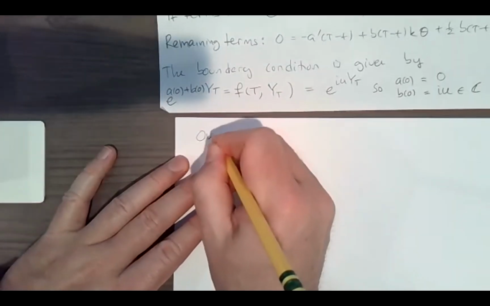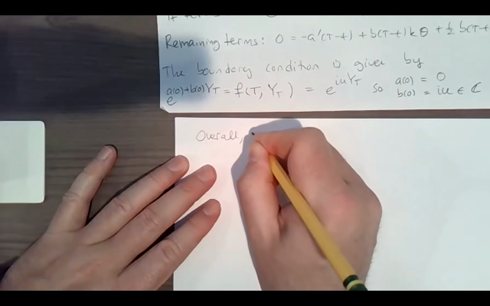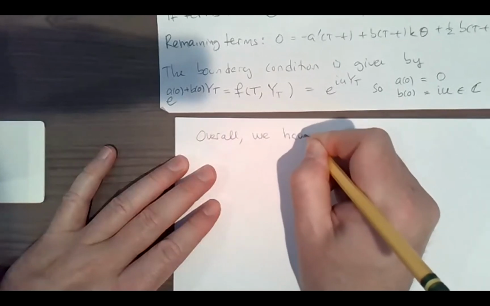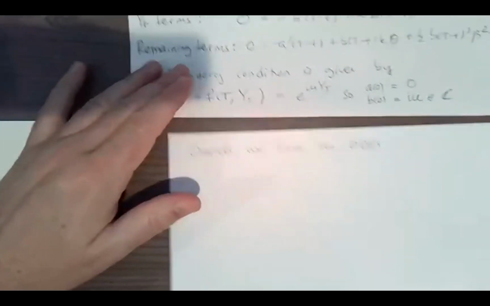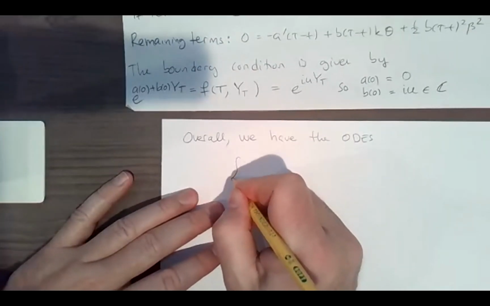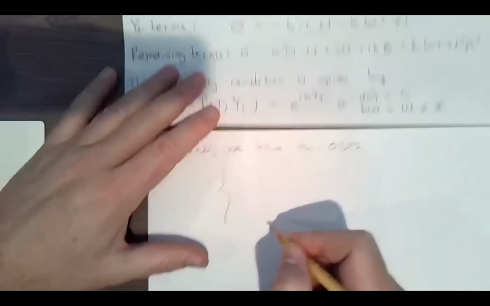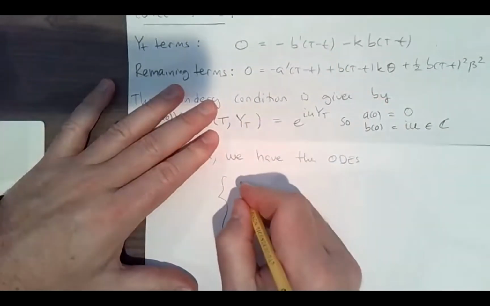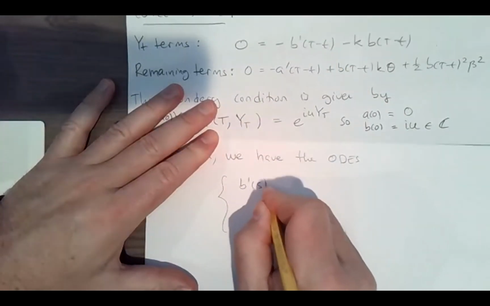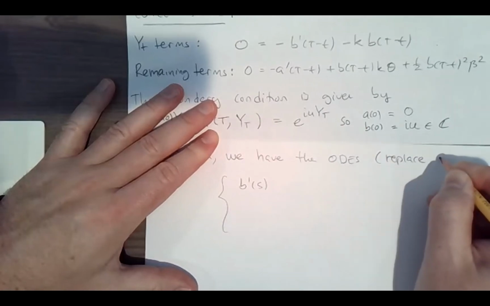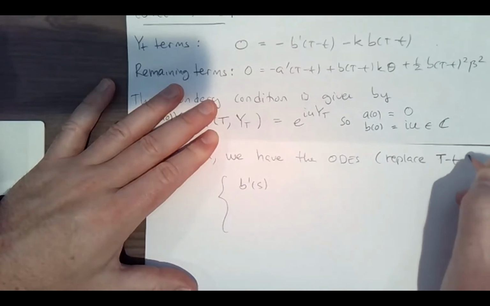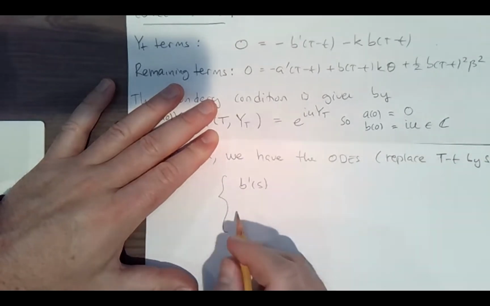So overall, we have the ODEs. We have two of them, decoupled. I have B prime of s, right? We just replace T minus t by s.